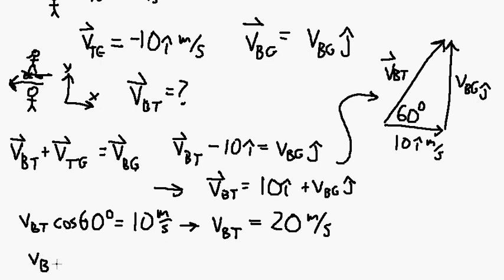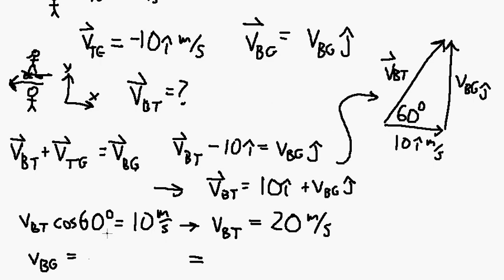But the speed the ball is thrown with respect to the ground is then just the tangent of 60 degrees. Oh, sorry, actually VBT times sine 60 degrees, but let's just do it the easier way.